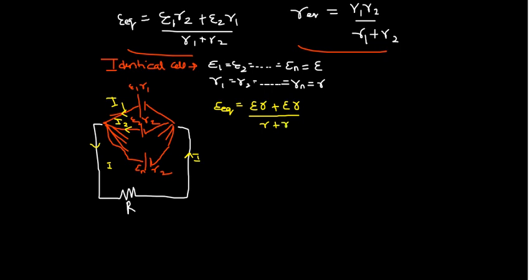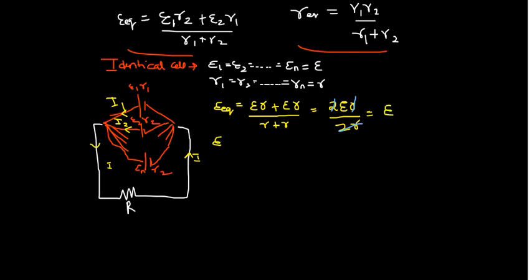Therefore what can I write here: 2 times ER whole divided by 2R. We can cancel this 2R with this 2R, and I am left with only a single term, that is E. It's a very crucial solution we are obtaining.